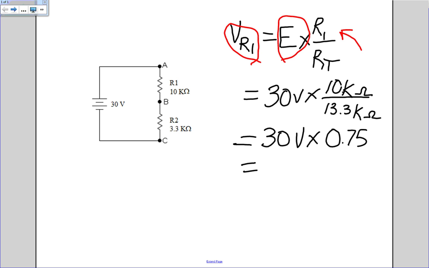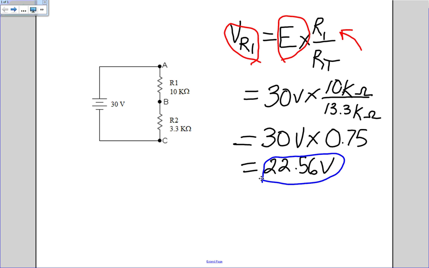And when we do that, we get a final answer of 22.56 volts. That means that 22.56 should be 75% of 30 volts. And you can check that on your calculator by taking 22.56 divided by 30, and it should come out to pretty close to 75%.